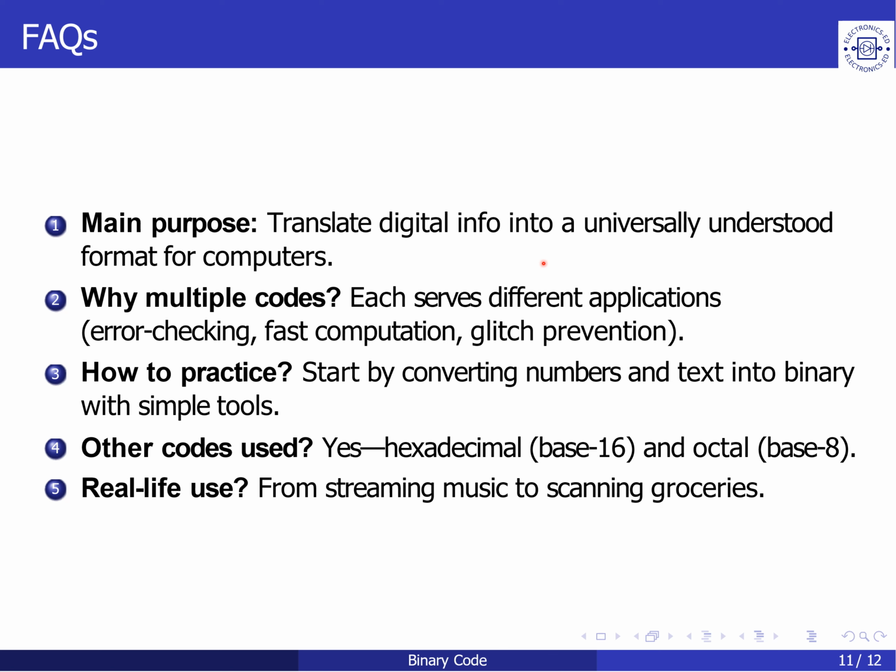How can you practice? Start by converting simple numbers and texts into binary using online tools or by hand. Are other codes used besides binary? Yes, hexadecimal, which uses base 16, and octal, which uses base 8, are also common. And in real life, binary is everywhere, from streaming music to scanning groceries at a store.